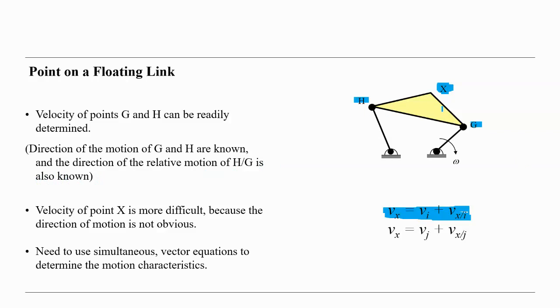The velocity of point X is more difficult because the direction of the motion is not obvious. We don't know the directions. We need to use simultaneous vector equations to determine the motion characteristics, like we already showed here.